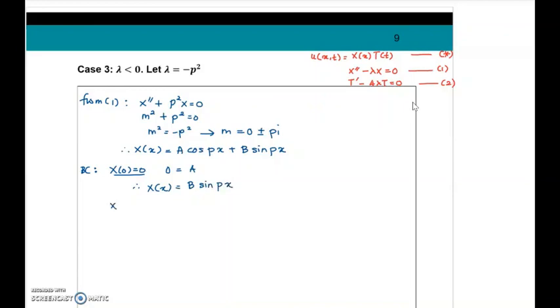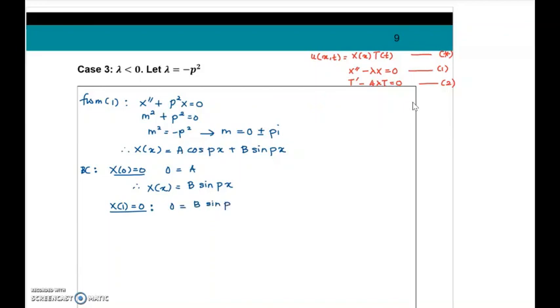So we have the second boundary condition, X(1) equals 0. It means that when small x is 1, the capital X is 0. So we have 0 at the left. At the right hand side, we have b sin p, because x is 1.